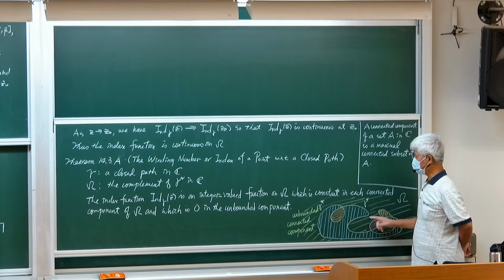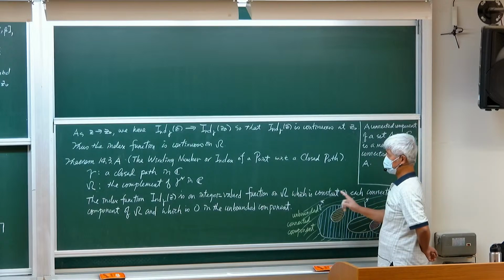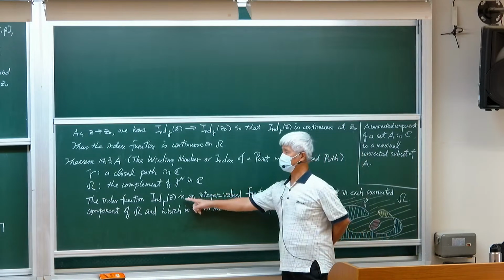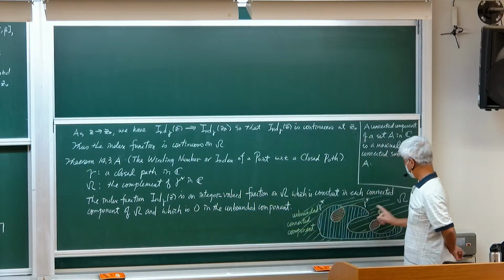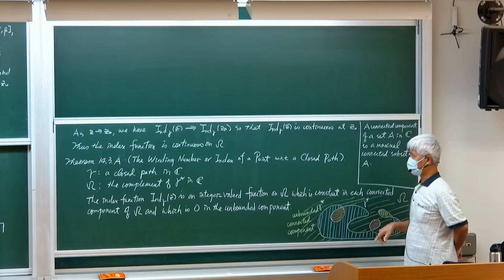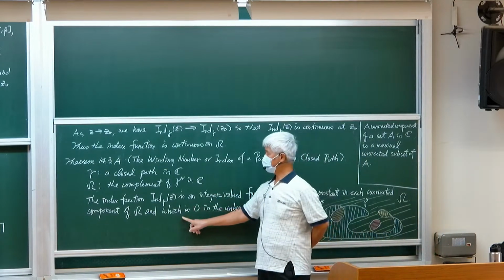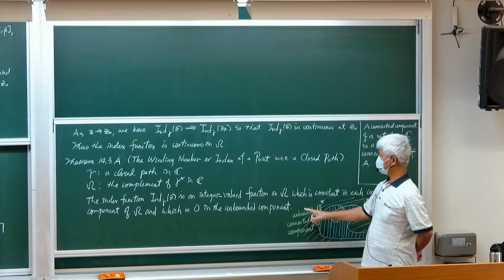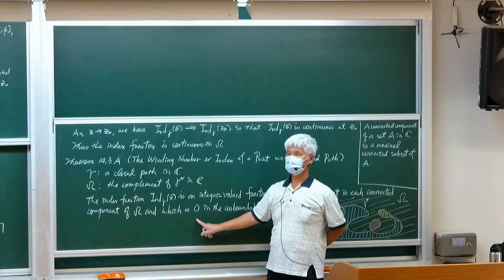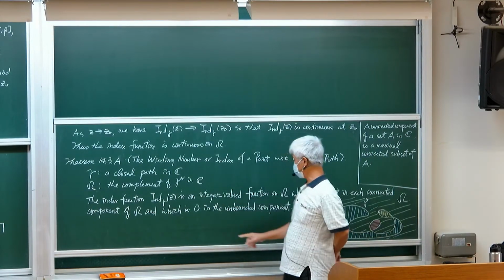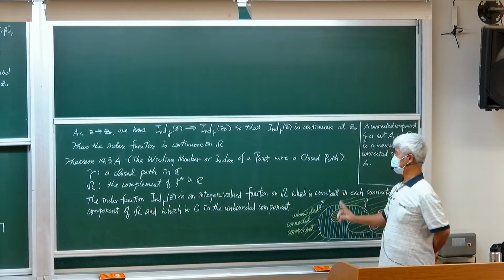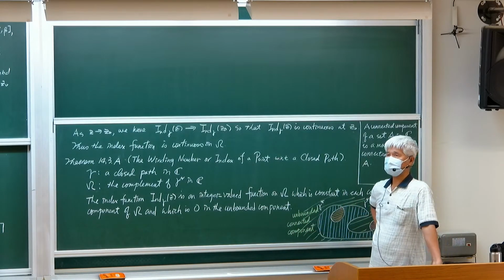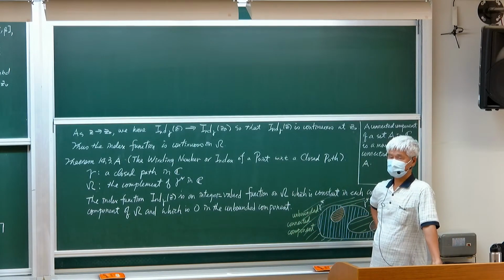So in each connected component, the index function is constant. For the unbounded connected component, the index value should be 0. Any questions?